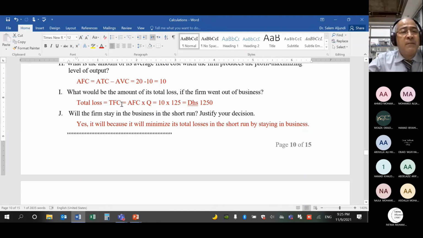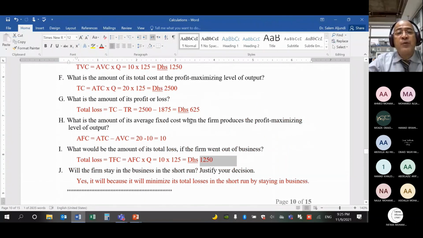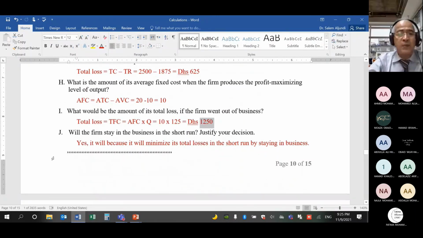In a similar manner, it equals average fixed cost times the quantity, 10 times 125. So this is the loss. If we produce 125, we will incur a loss of 600 and something. If we went out of business, if we produce zero, we will incur a higher loss, which is 1,000 and something. Let's go to another question, the last question.